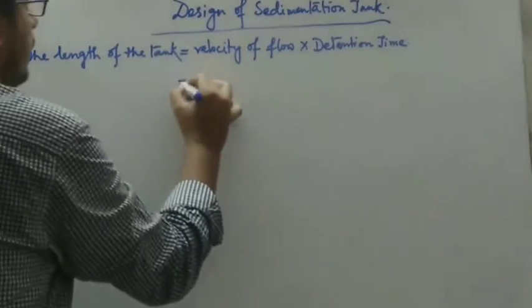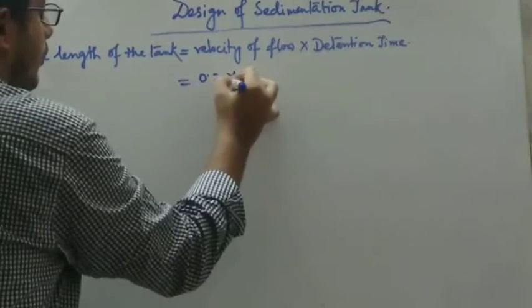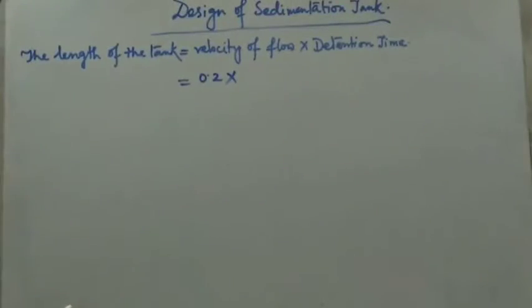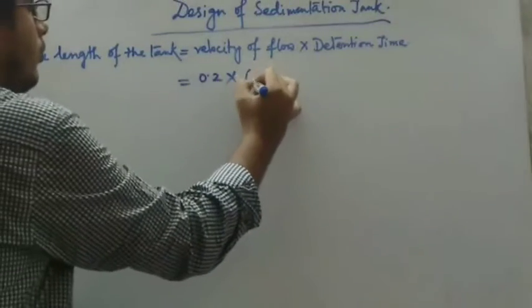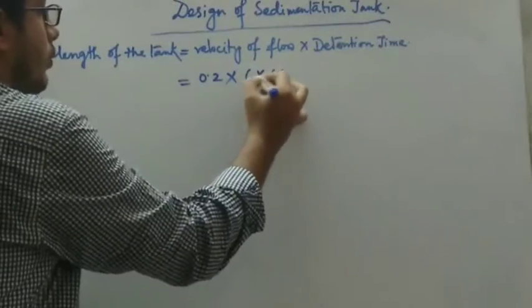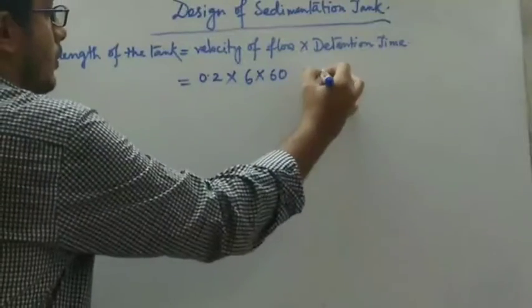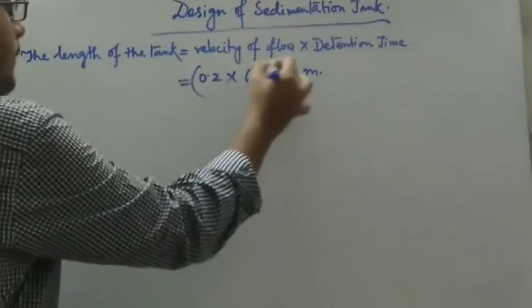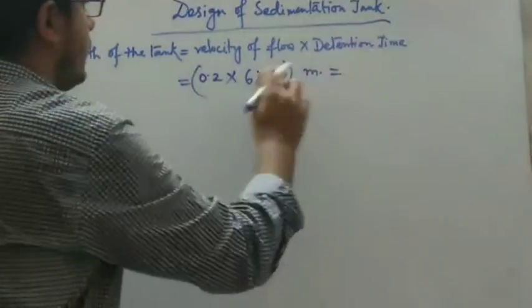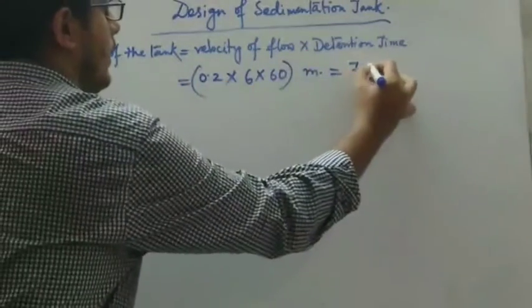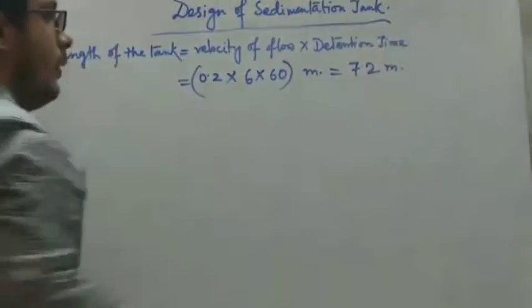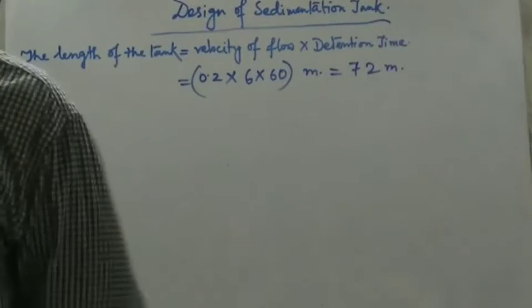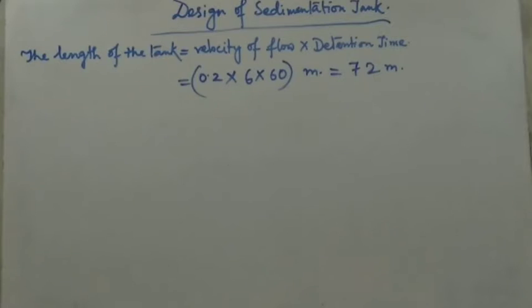So this is 0.2 into detention time, 6 hours. So we will convert it into minutes, so we will get the value in meter. And if we calculate this, you will get 72 meter is the length of the tank.